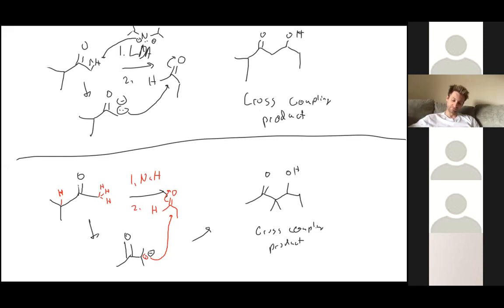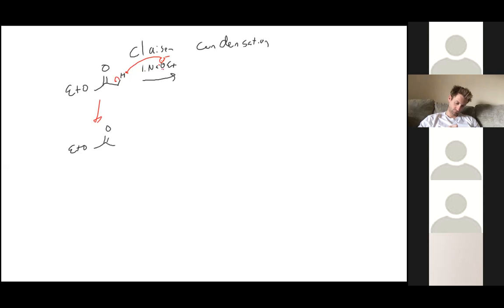So our normal Claisen condensation is going to be where we take an ester, we're going to throw in base, this is going to attack another equivalent of itself.